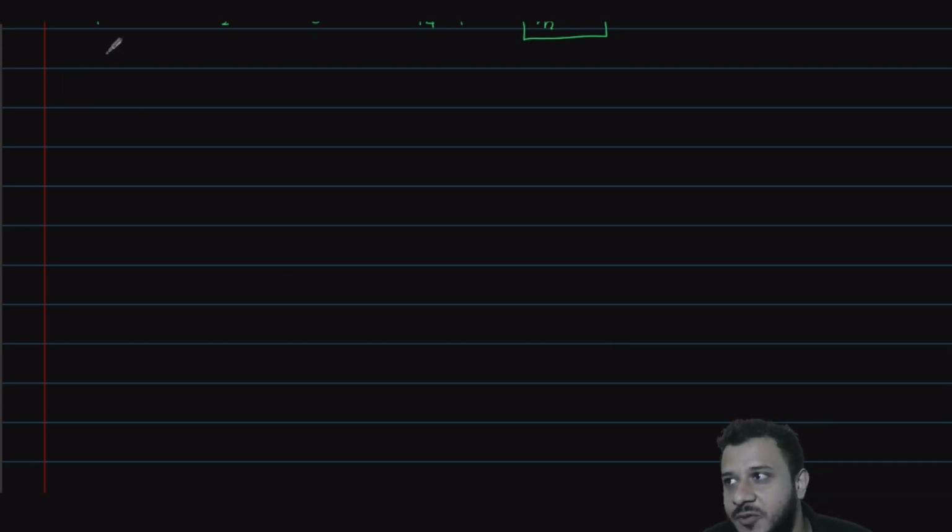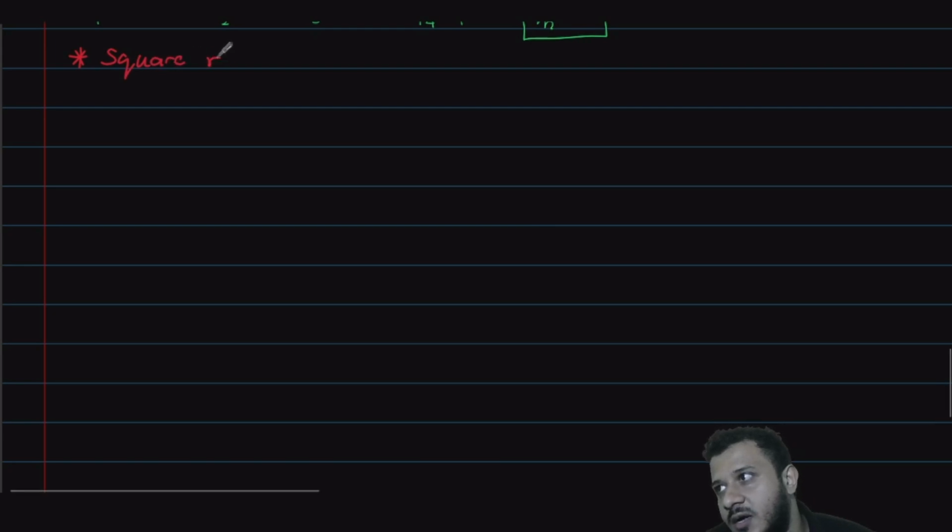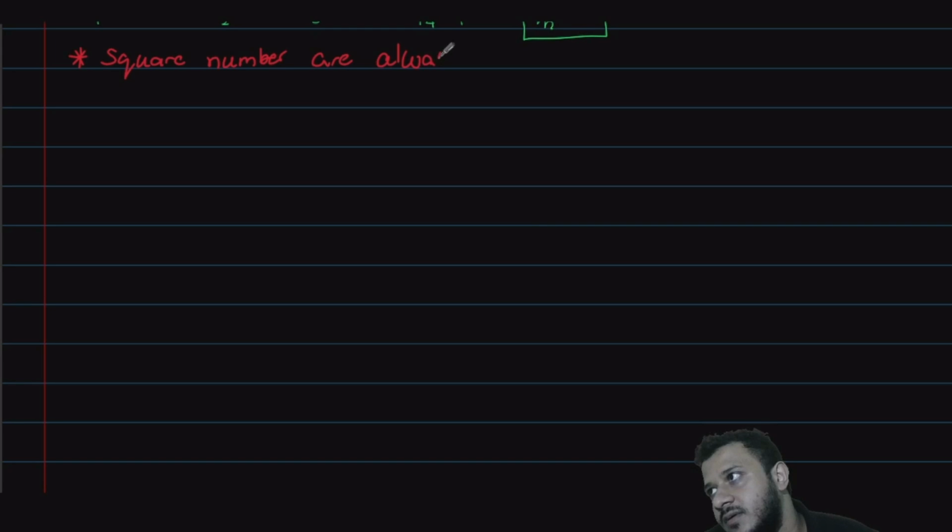Remember, star point 1: square numbers always end with certain digits, but there are only some specific numbers.